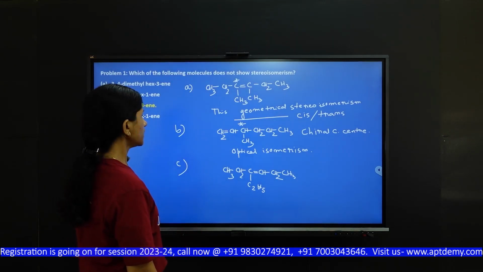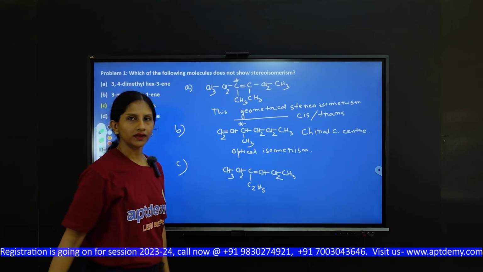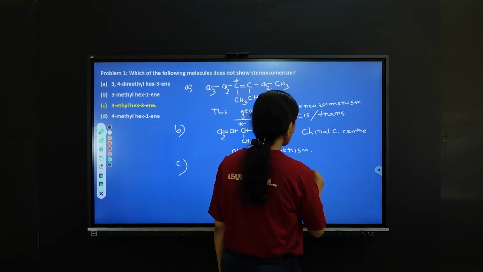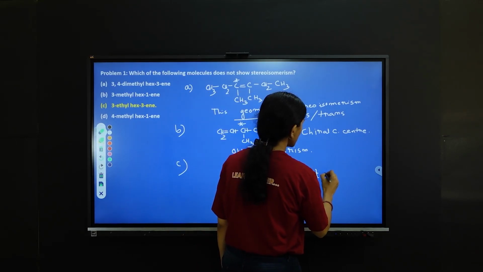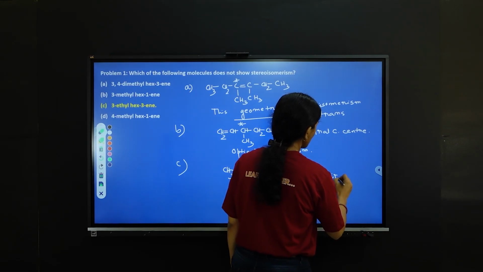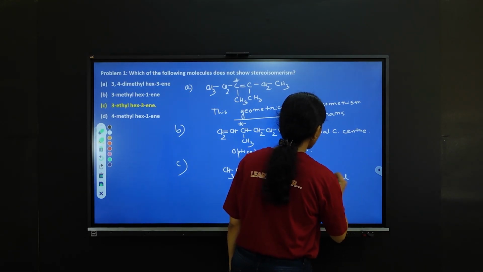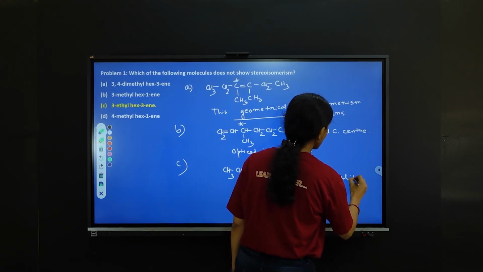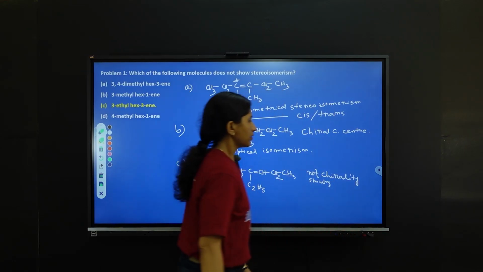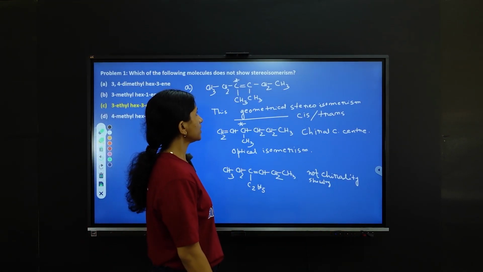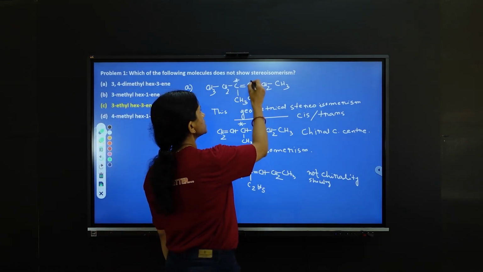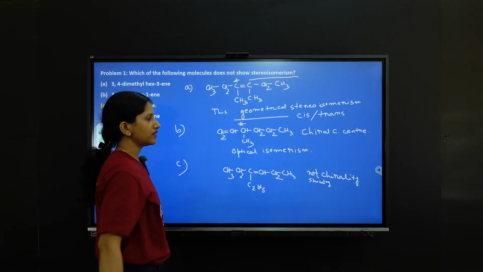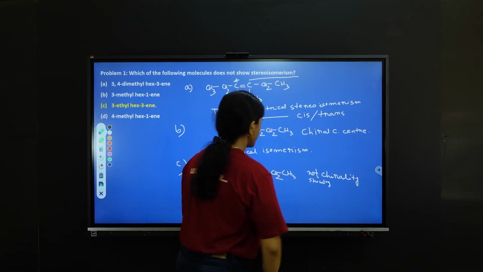This is our 3-ethyl hex 3-ene, and if you see carefully, this molecule will not show any chirality. It does not have any chiral carbon center, and because of optical inactivity, it won't be able to show stereoisomerism, since there is no chiral carbon center in the structure of this molecule.